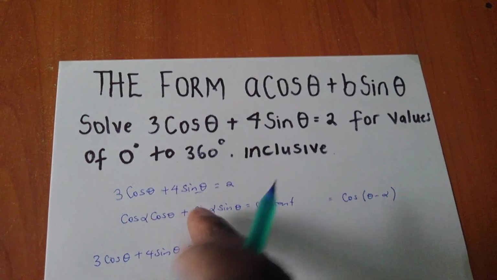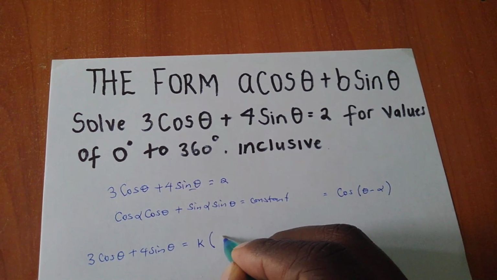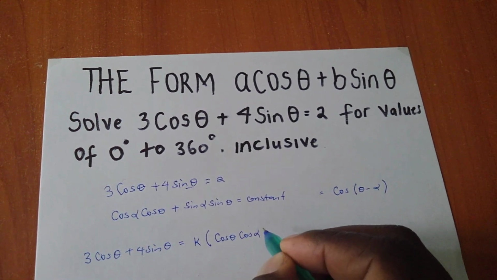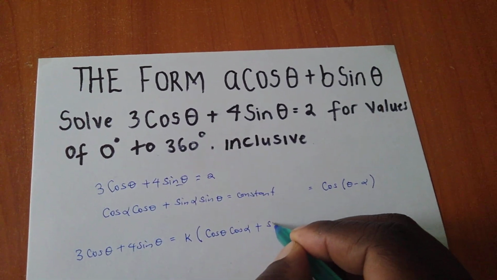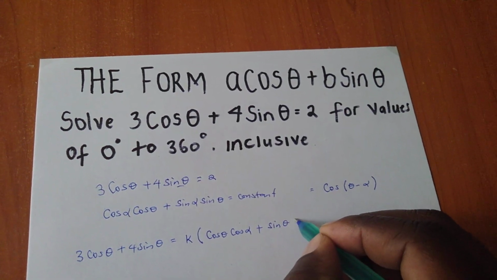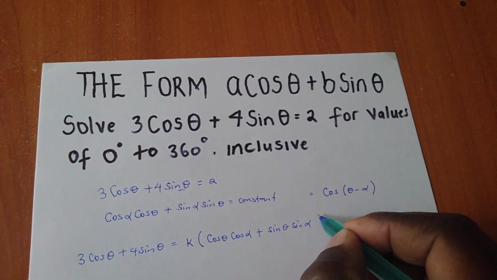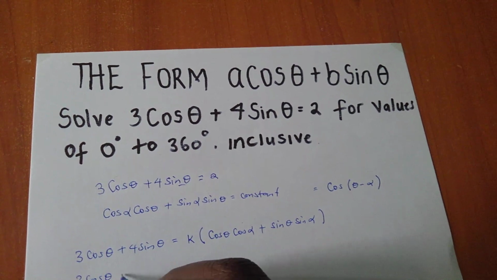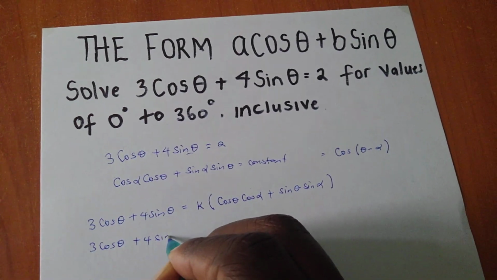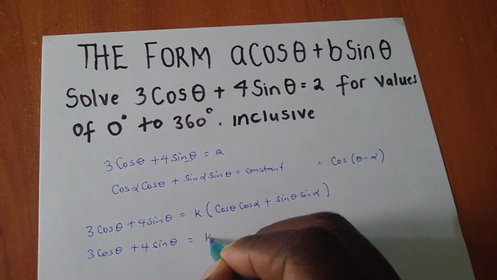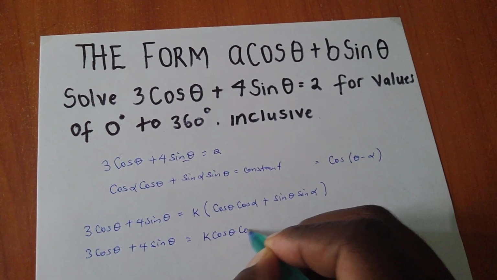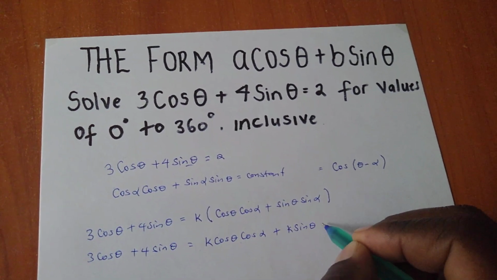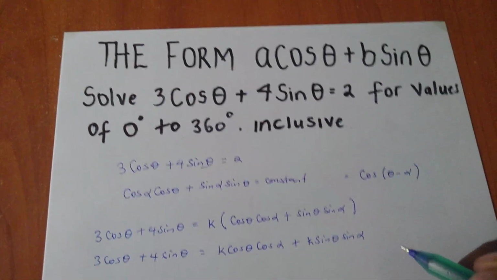Then I bring this k cos θ cos α plus sin θ sin α. Now I will have 3 cos θ plus 4 sin θ equal to k cos θ cos α plus k sin θ sin α. I hope we are together.